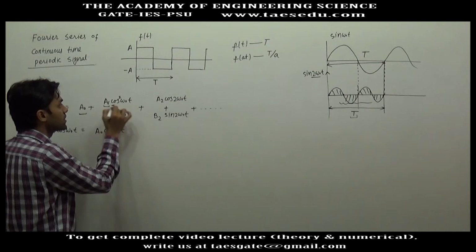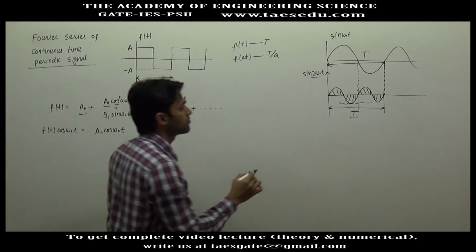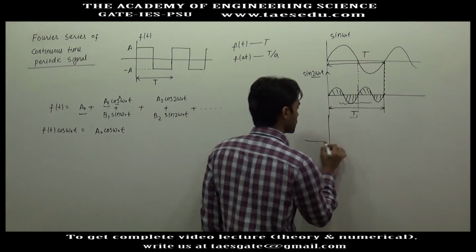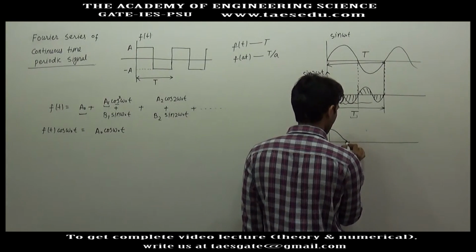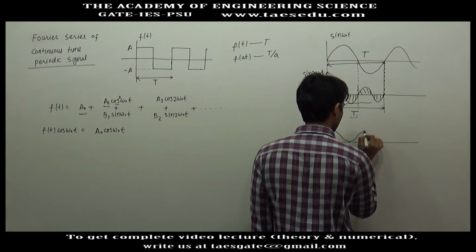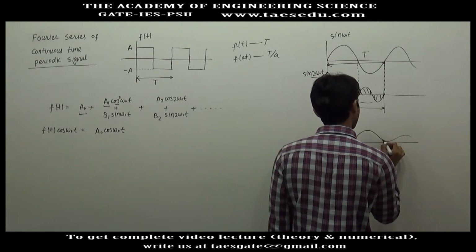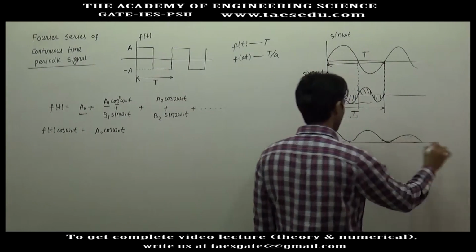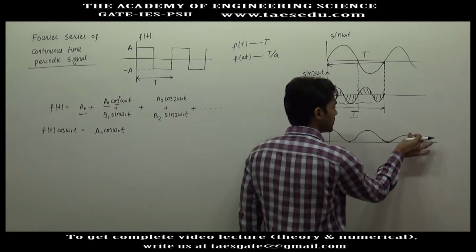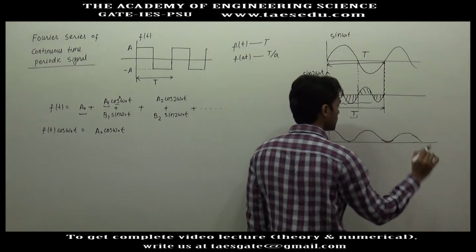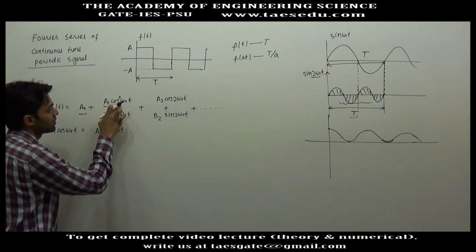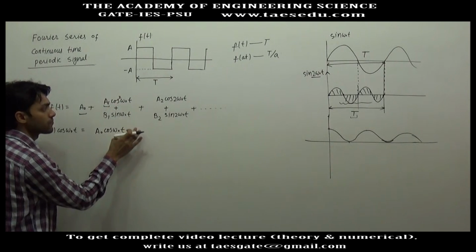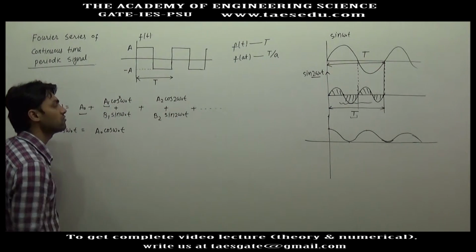If you draw the graph of cos square theta, it will have this kind of graph. It does not produce any negative area, so the integration will never be 0. So the integration of this term will not be 0, and we will see the value of the integration of the other terms.